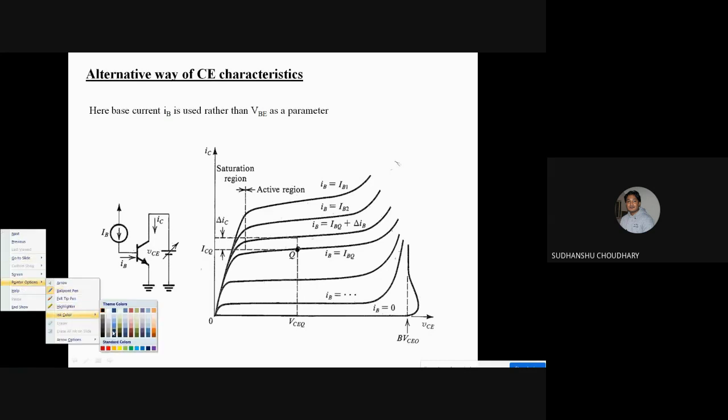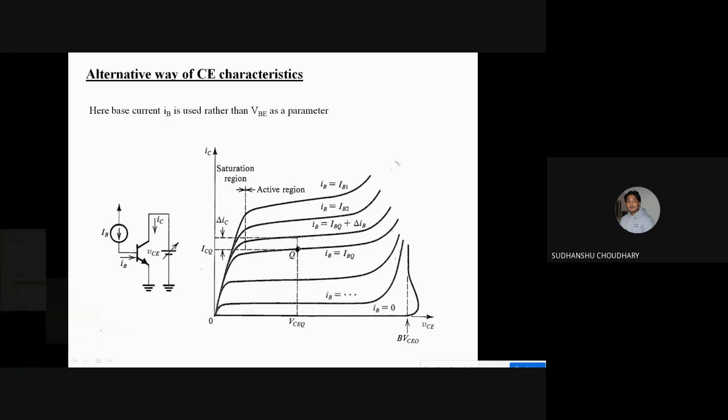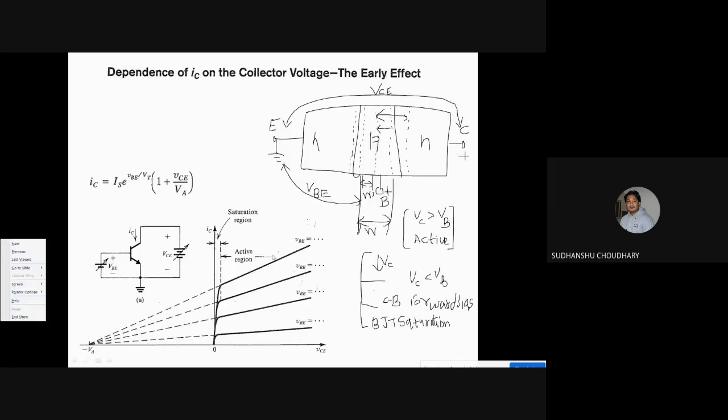So for example here, if I go back to the previous lecture, we had seen the IV characteristics, collector current versus the collector to emitter voltage, and we had seen that with the changing levels of VBE, that is base to emitter voltage, the collector current is changing.